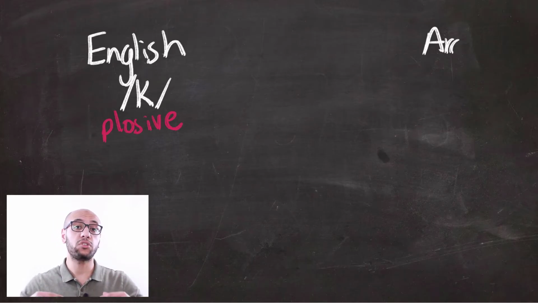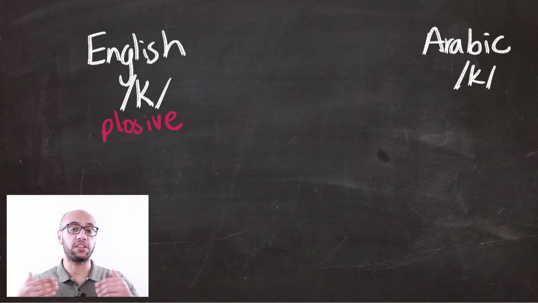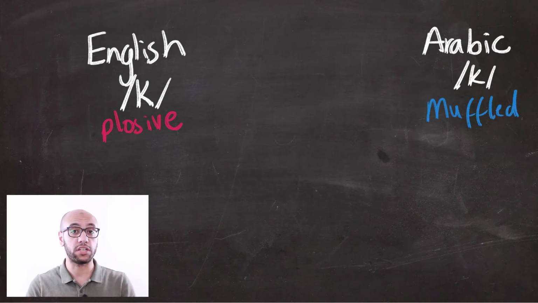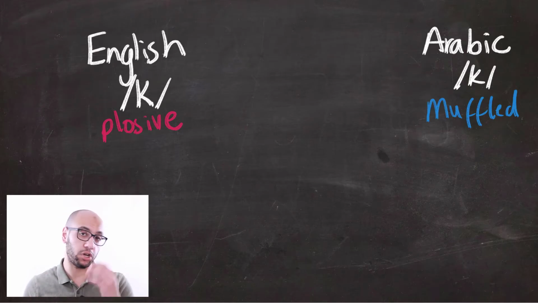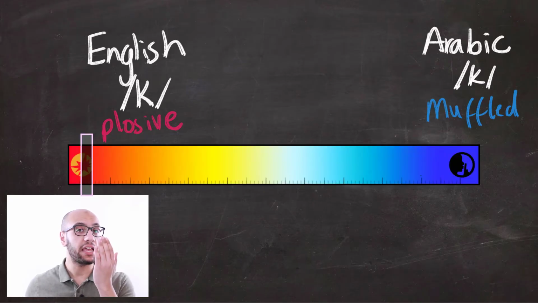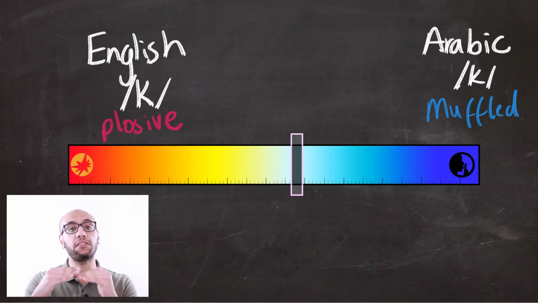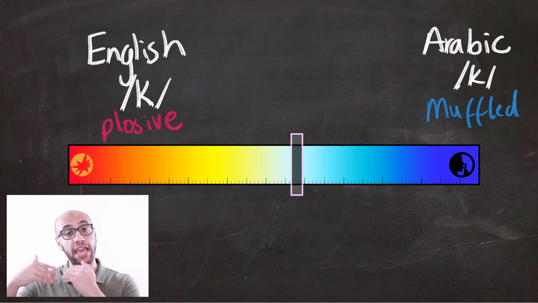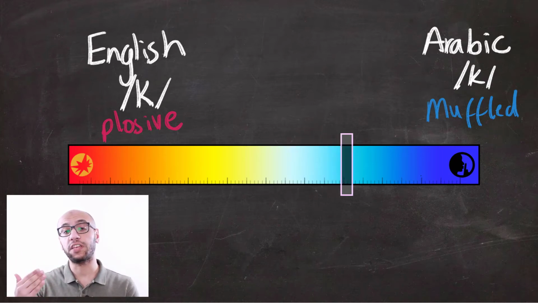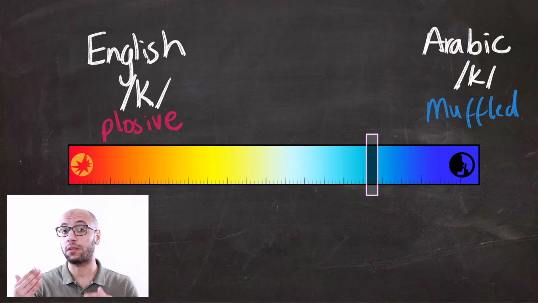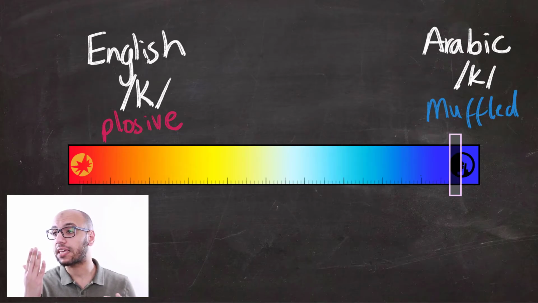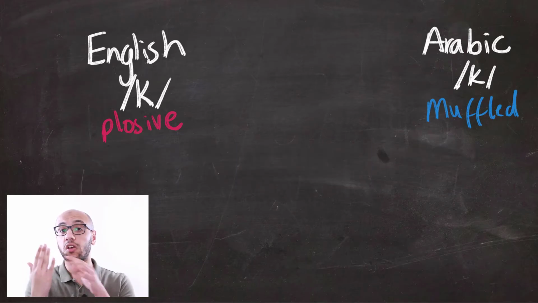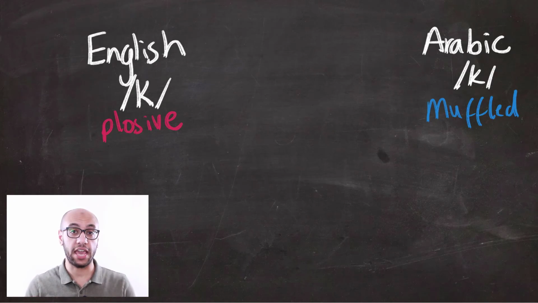And then try to muffle down the plosiveness or the air coming out with the sound until you absolutely feel nothing on your hand when you're putting it in front of your mouth. So going from cat, cat, and muffling down the air coming out until you feel nothing, so that it would sound like cat, cat. So here I feel absolutely nothing on my hand, and that's the Arabic kaf.